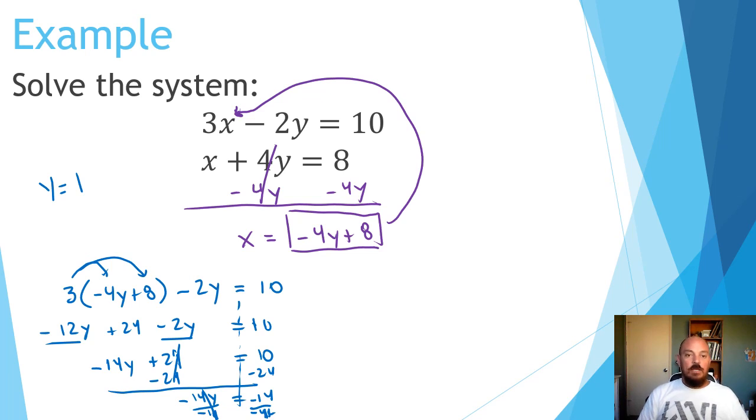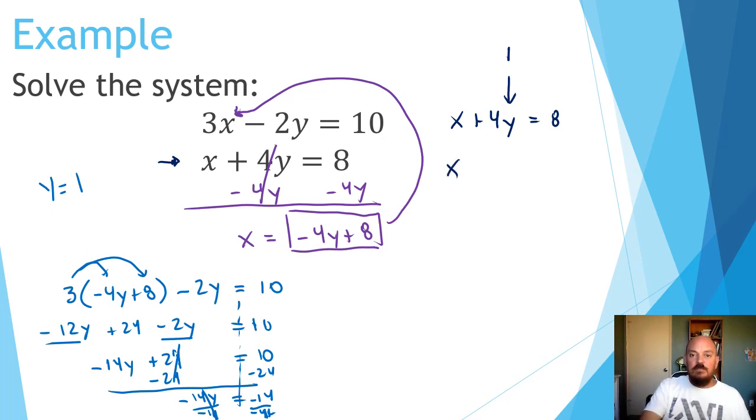Now that we know y equals 1, remember you can pick either equation, doesn't matter which one, and substitute 1 for y. I would probably use the bottom equation again, but you can do either one. So let's take that bottom one. Let's take the x plus 4y equals 8, and we will substitute our answer, which is 1, for y.